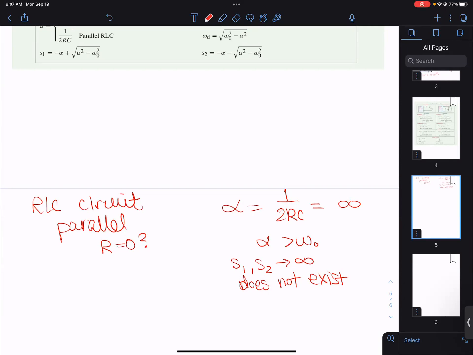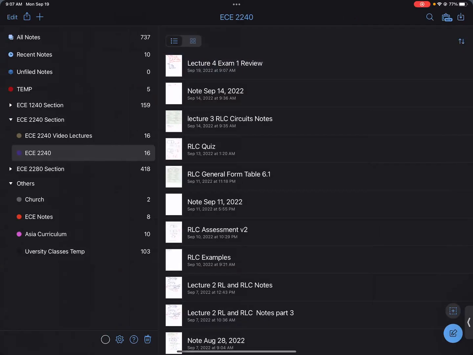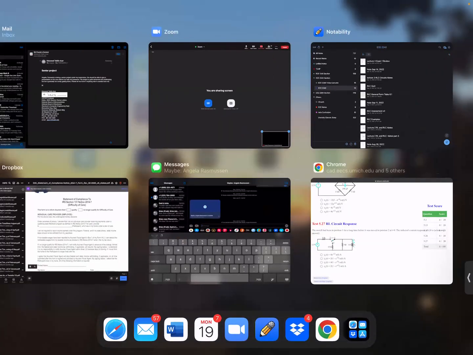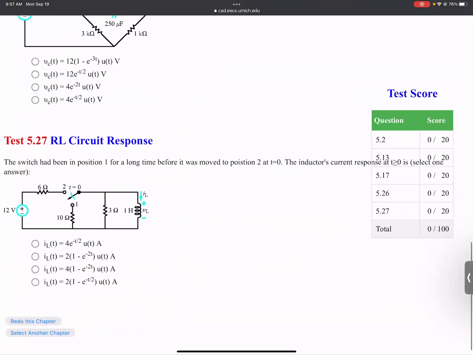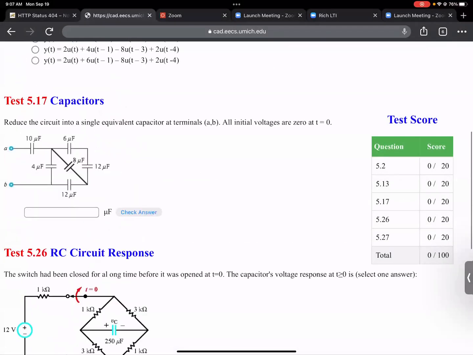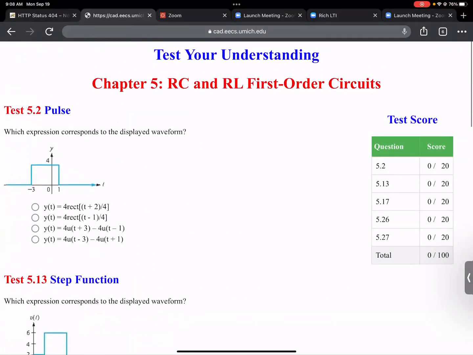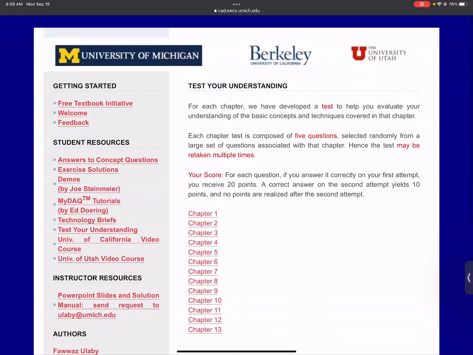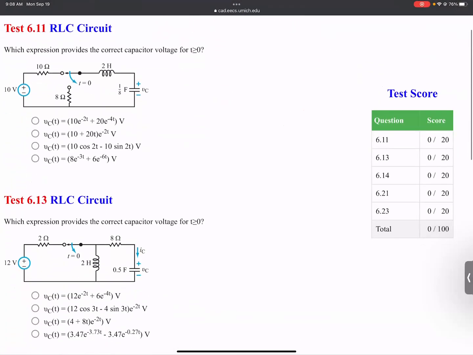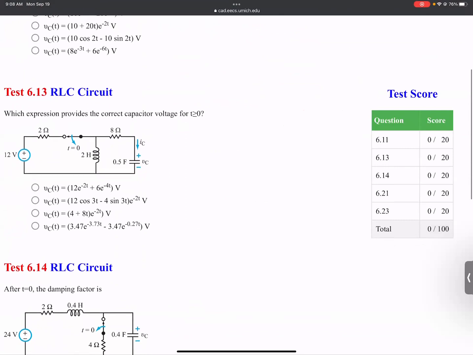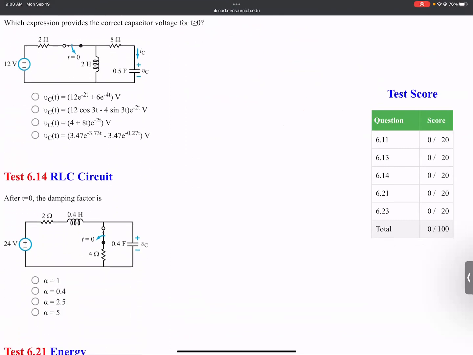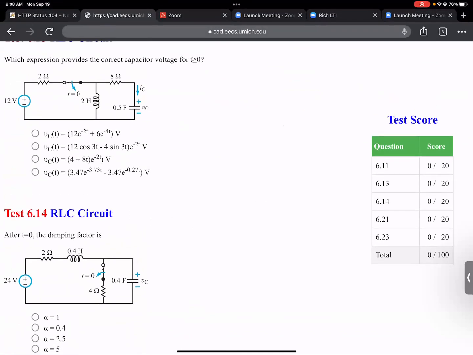Okay, so let me grab another one, so we'll do an RLC. If I can find an RLC circuit. All right, do you want parallel or series connections?